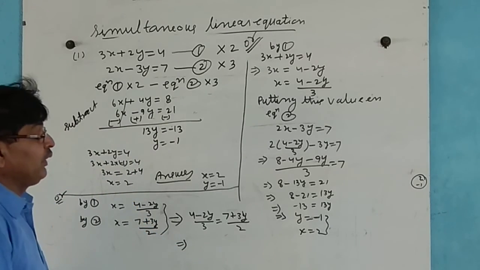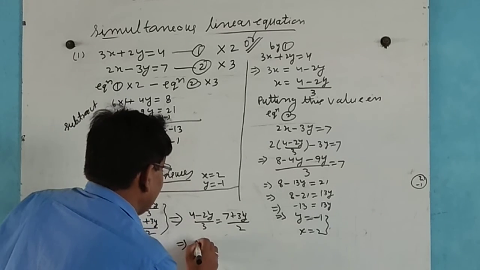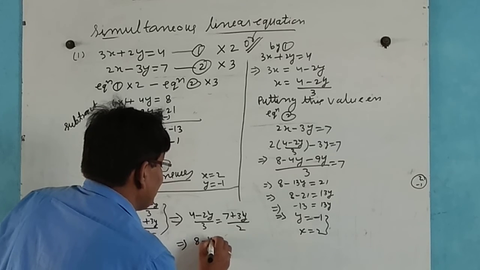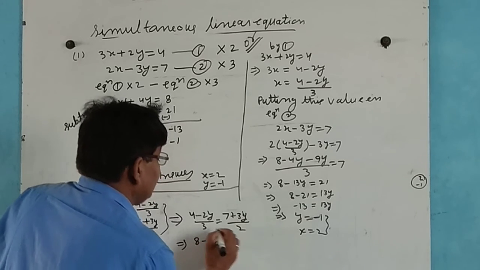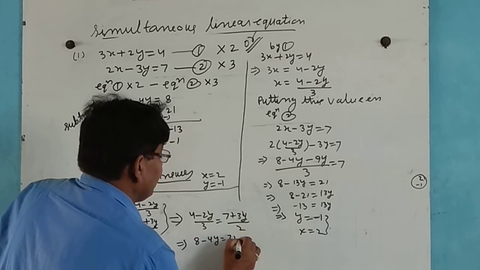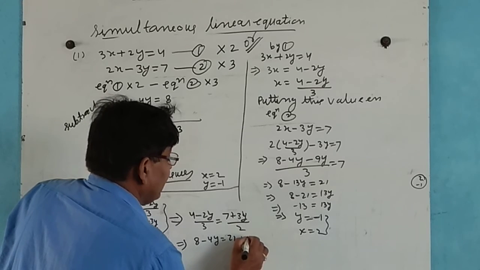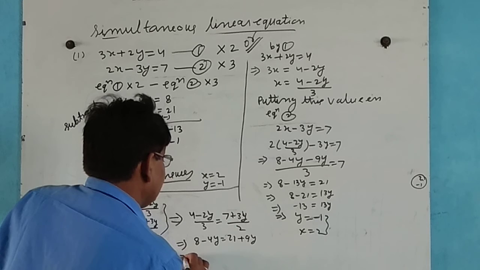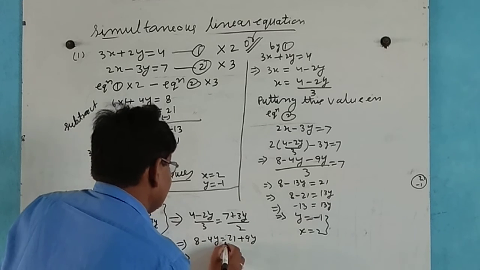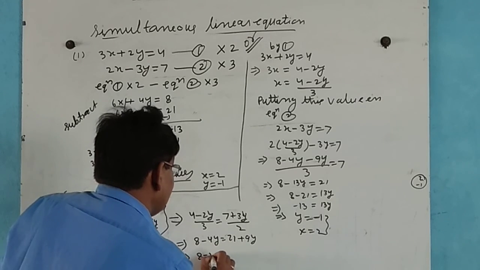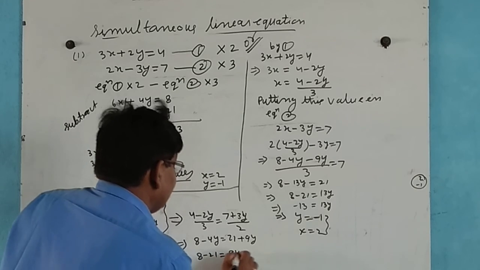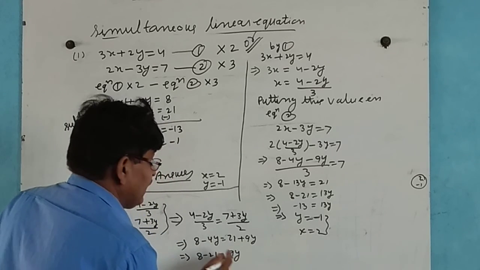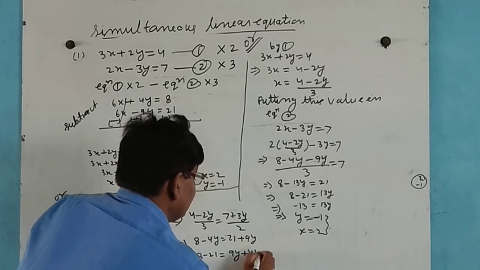By cross multiplication, 2 4 are 8 and 2 2 are 4y, and 3 7 are 21 plus 3 3 are 9y. After that, 8 minus 21 and change the side, 9y plus 4y.